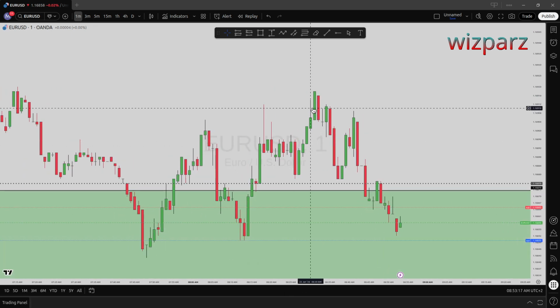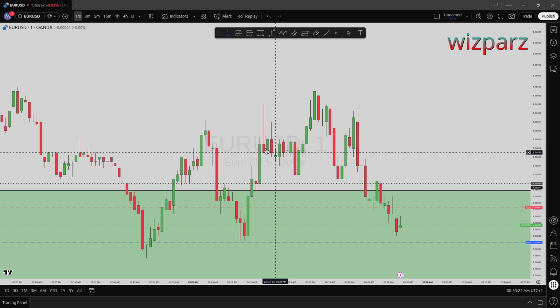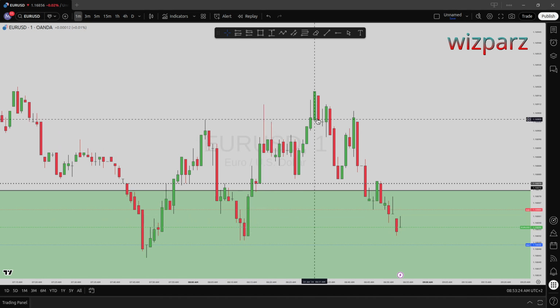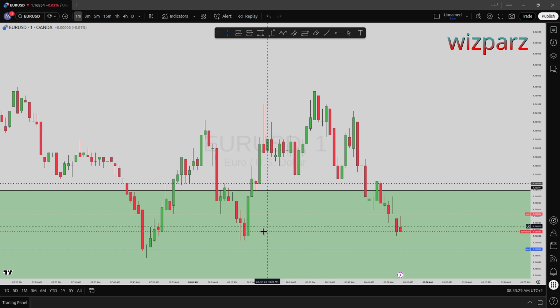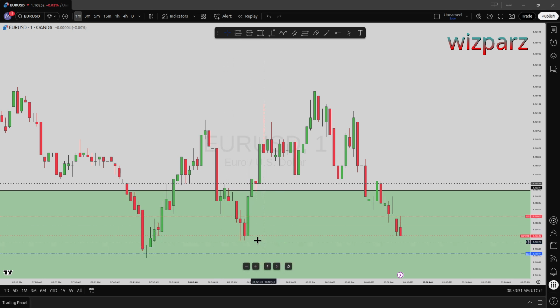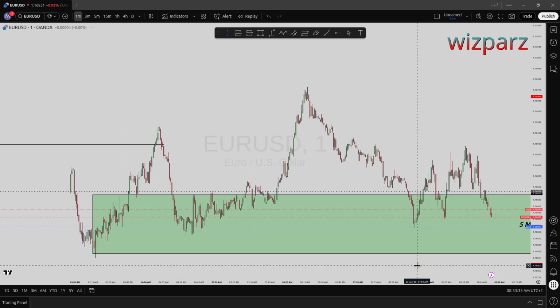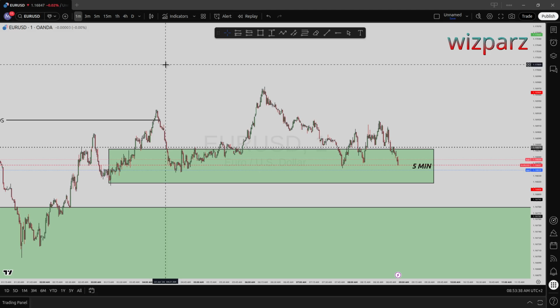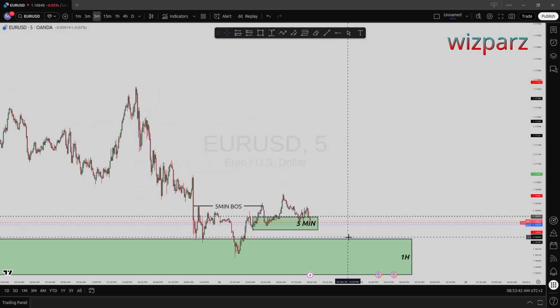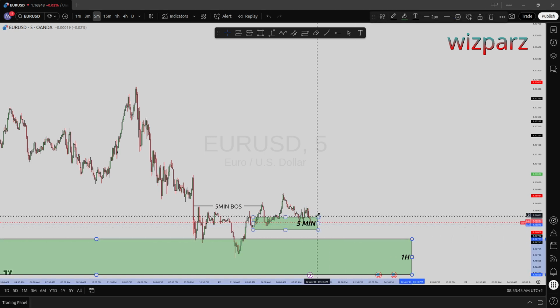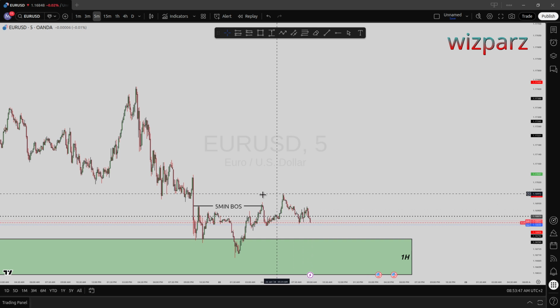And as you can see, price gave us 1 minute market shift at 8:30, and this is not allowed time frame because I trade from 9 up to 10, so I can't take this trade. I'm going to wait for price to come back to this area and then wait for price to make 5-minute change of character in a low time frame.